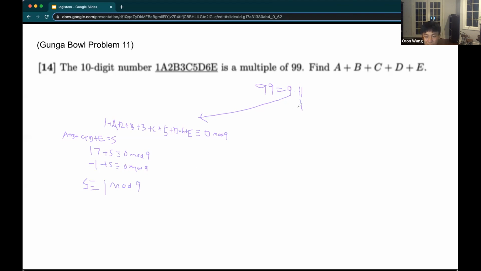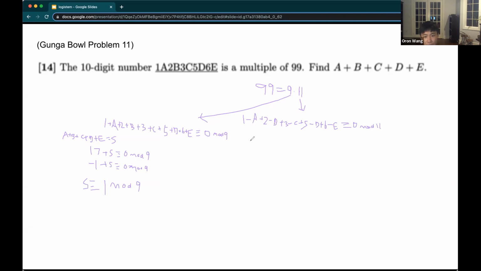And now let's look at what the divisibility rule for 11 tells us. We get 1 minus a plus 2 minus b plus 3 minus c plus 5 minus d plus 6 minus e is a multiple of 11, or is 0 mod 11.